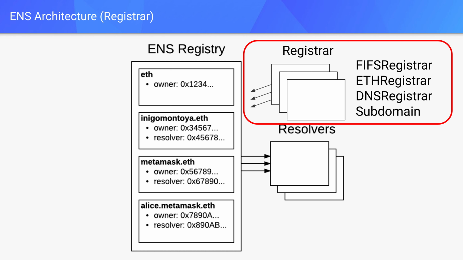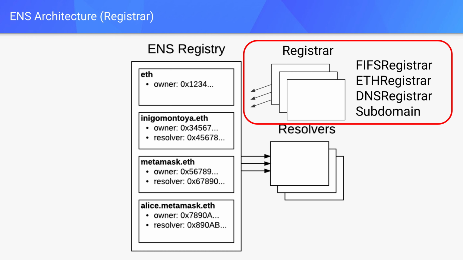When you register a .eth name, it's actually an ERC721 NFT. Neither the registry nor the resolver is an NFT. Rather, the owner of .eth is assigned to a smart contract which allows you to register a new name, which happens to be an NFT standard.